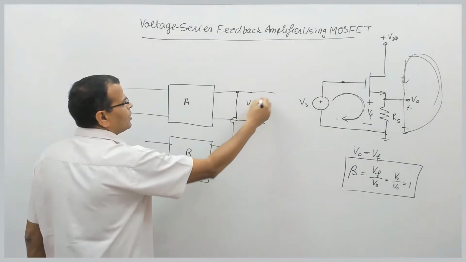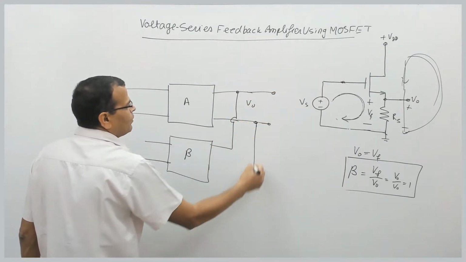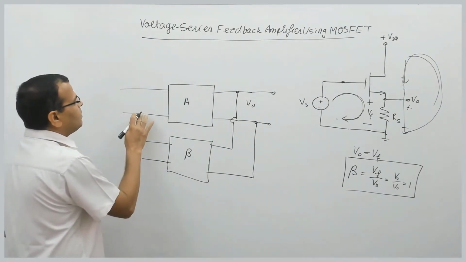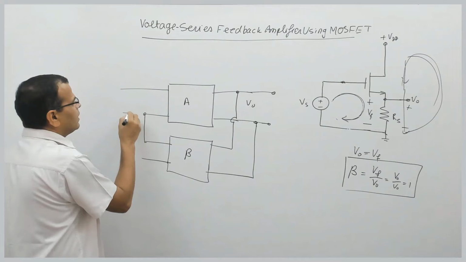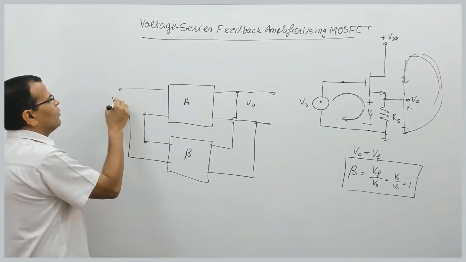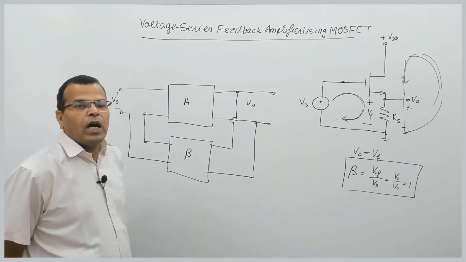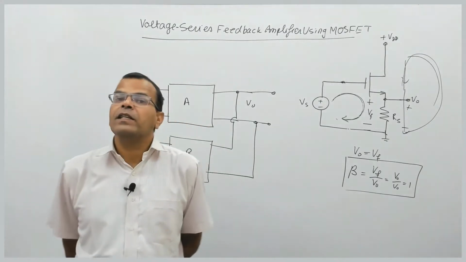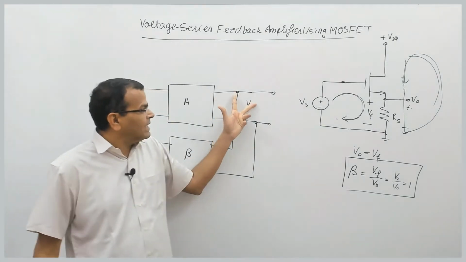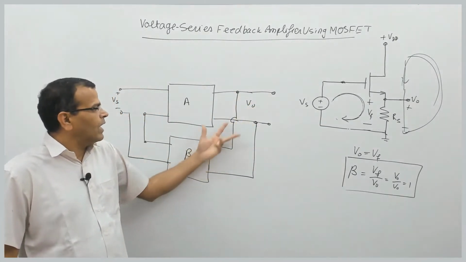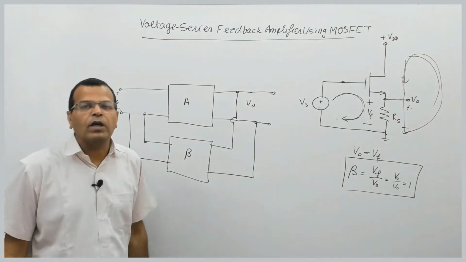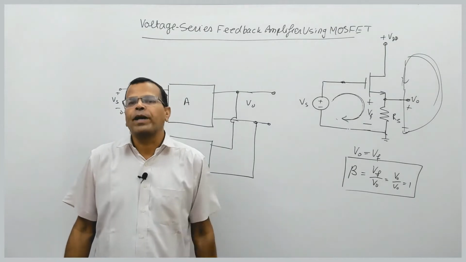This is the output voltage. We take our sample of the output voltage directly to the feedback network, and for series mixing we connect the output of the feedback network in series with the supply voltage. This is the supply voltage. Suppose the output of the feedback network is connected in series with the supply voltage, that is series mixing, and when you take the output voltage as it is as input to the feedback network, that is called shunt sampling.